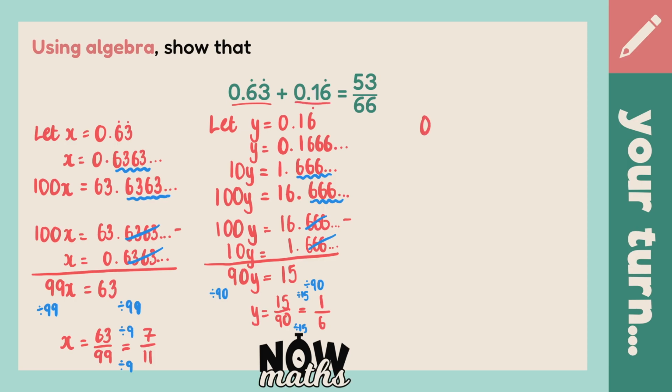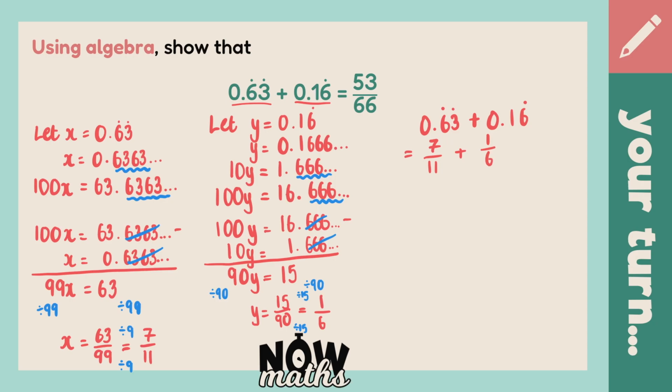So our original question of 0.63 recurring add 0.16 recurring, we can now rewrite as fractions. So 0.63 recurring, we converted to 7/11ths, and 0.16 recurring, we converted to a sixth.